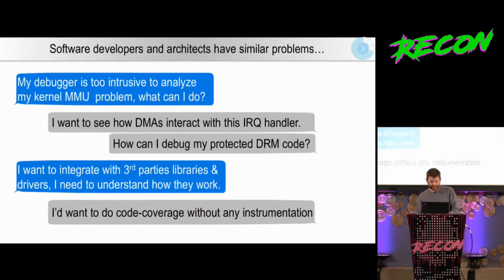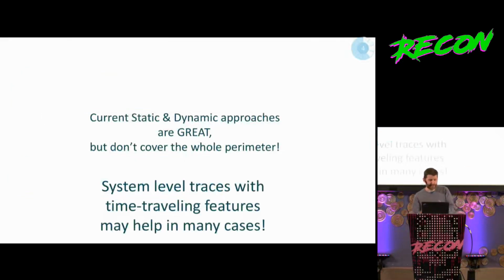Developers have the same problems in other boundaries. The current state of static analysis and dynamic approaches is great, but not enough. So we propose something else that will help cover the whole perimeter.